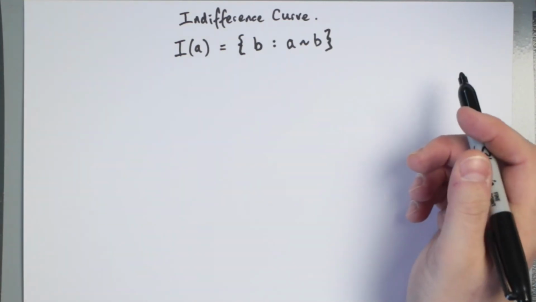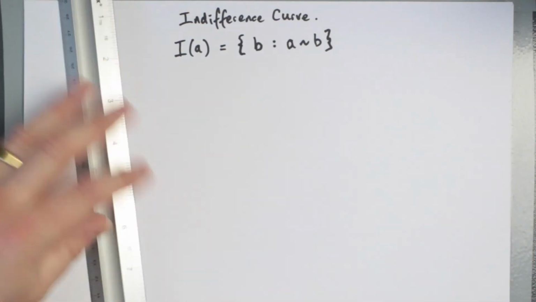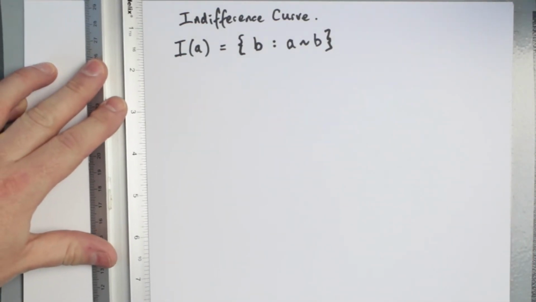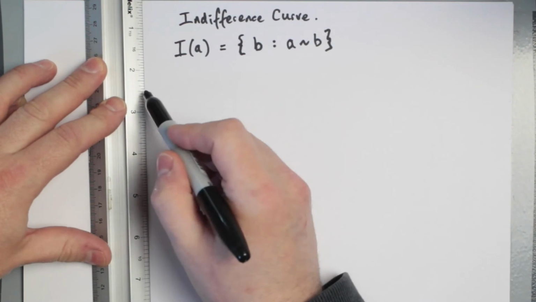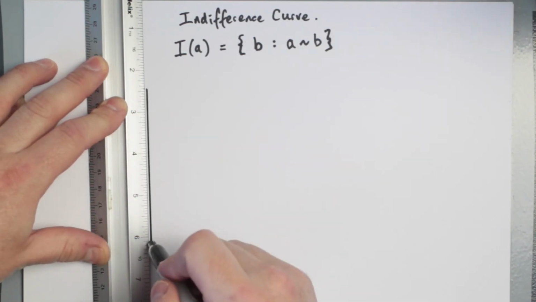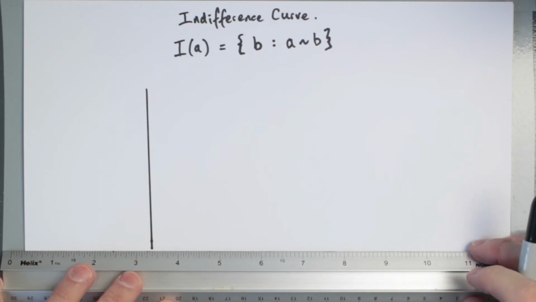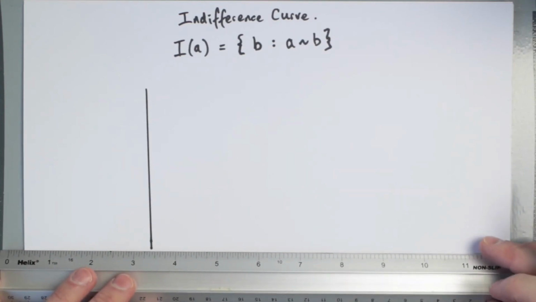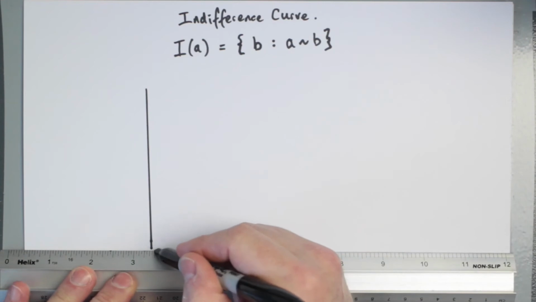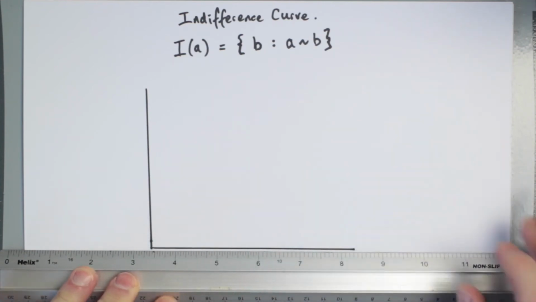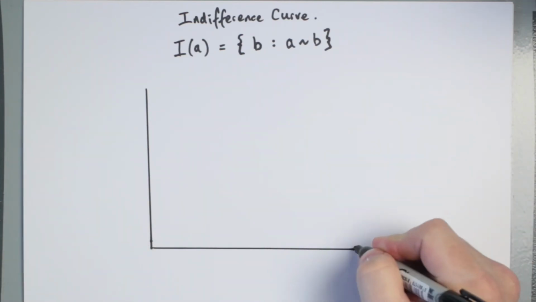Now, when we represent these in commodity space, they can take all sorts of different shapes, really, depending on the consumer's preferences, of course, each person being possibly unique in some way. But let's draw a diagram of a typical set of indifference curves.